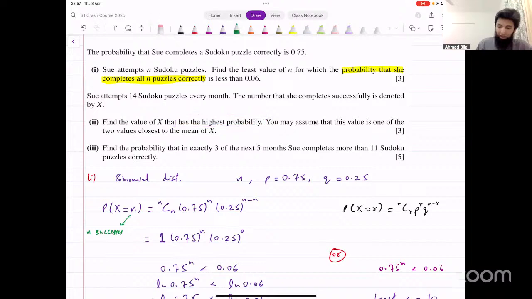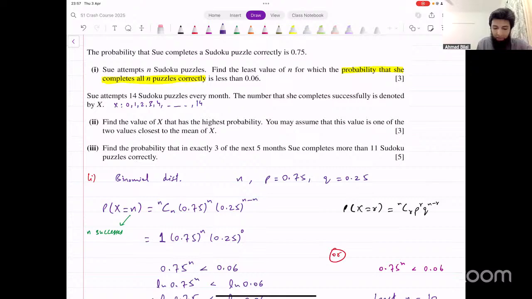And we are given that we can assume that this value is one of the two values closest to the mean of X. Okay. She's solving 14 puzzles in total every month. How many successes can she have? X, the number of successes, could take a value of 0, 1, 2, 3, 4, all the way up to 14.